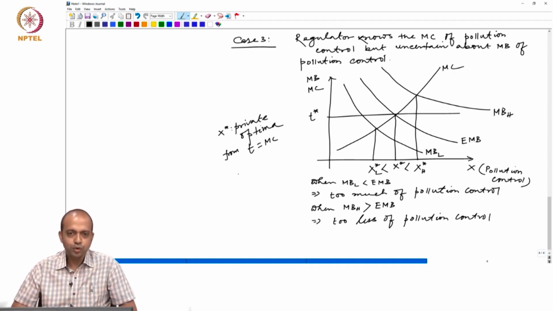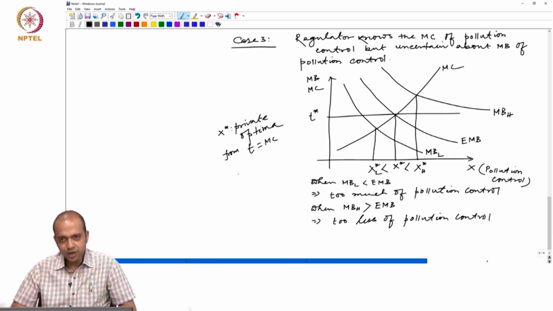Then you draw your actual MC or MB depending on the assumption, and then you derive the private optima by equating T equals MC, and the social optima by equating MB equals MC, and then you see whether the socially desirable level of pollution control derived from the MB equals MC condition is higher or lower than the private optimal level of pollution control, which is decided by T equals MC.